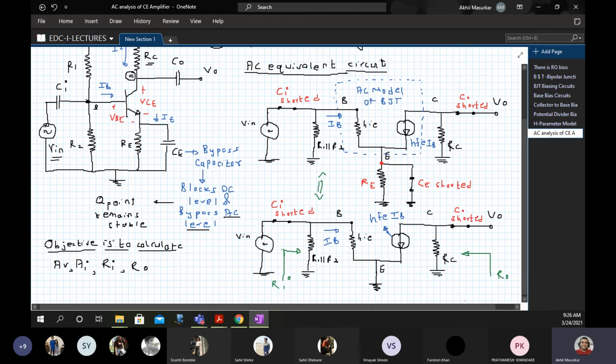Please draw this. Once you are done with this, just write done in the chat box. Then we will see the calculation of AV, AI, Ri and R0.